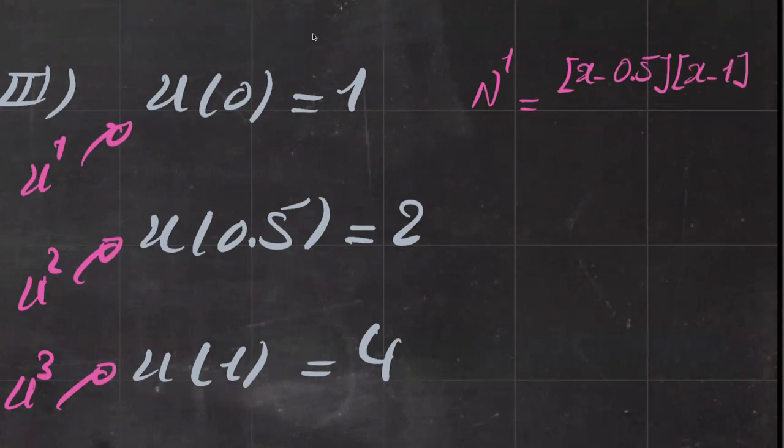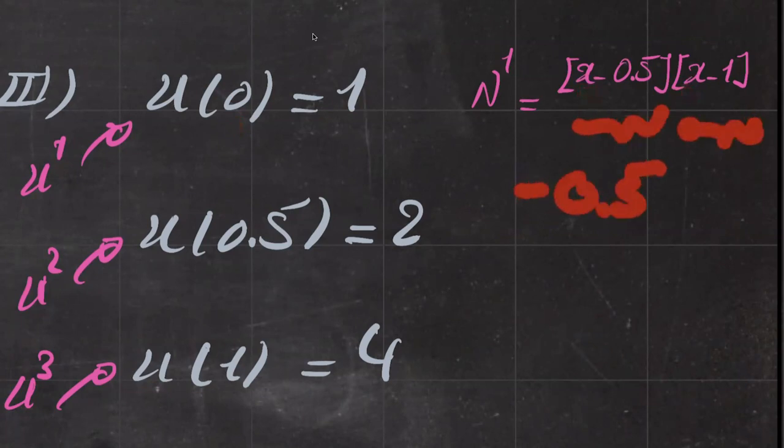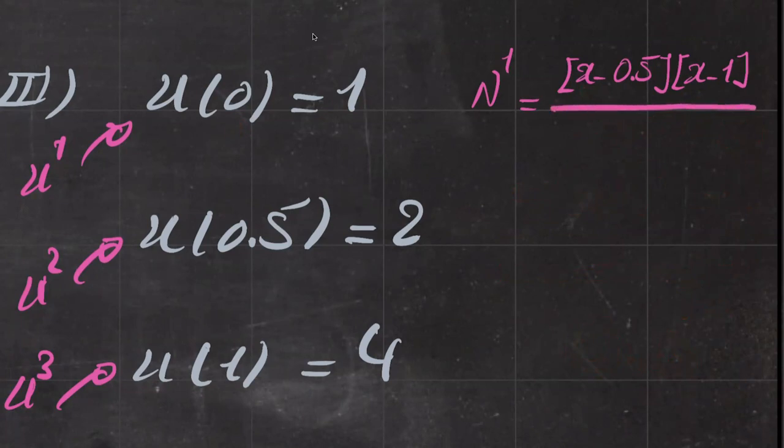But then it must be 1 at 0. So what you need to do is to insert 0 here. If I insert 0 here, I get minus 0.5. If I insert 0 here, I get minus 1. So you multiply them, you get 0.5. That means you need to divide this by 0.5 to have your shape function. So that is N1.